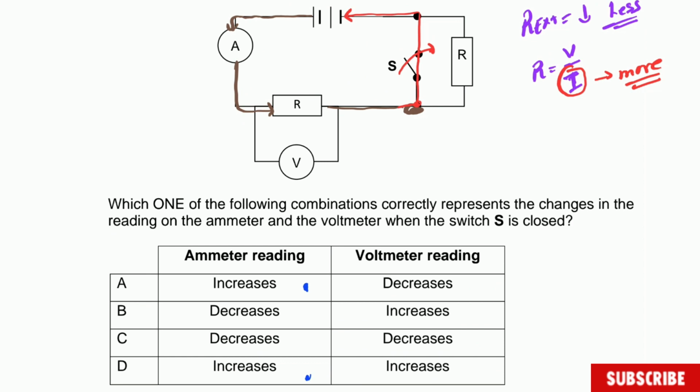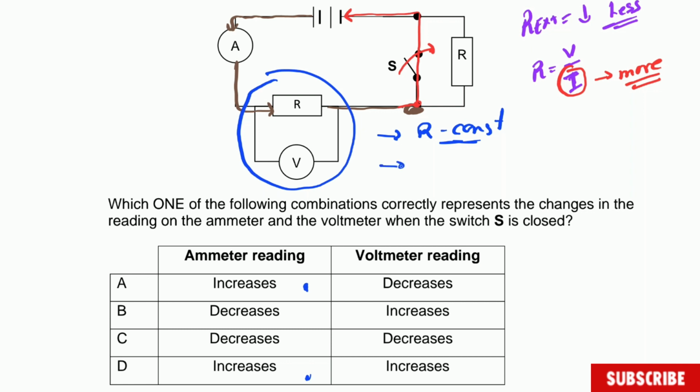But now, what is going to happen to the potential difference, to the voltmeter? This one is just for this resistor. Note, in this case, resistance is constant because we're working with just that little part there. But the current flowing through that resistor is going to be more. Therefore, remember, the potential difference is the product of current multiplied by resistance.